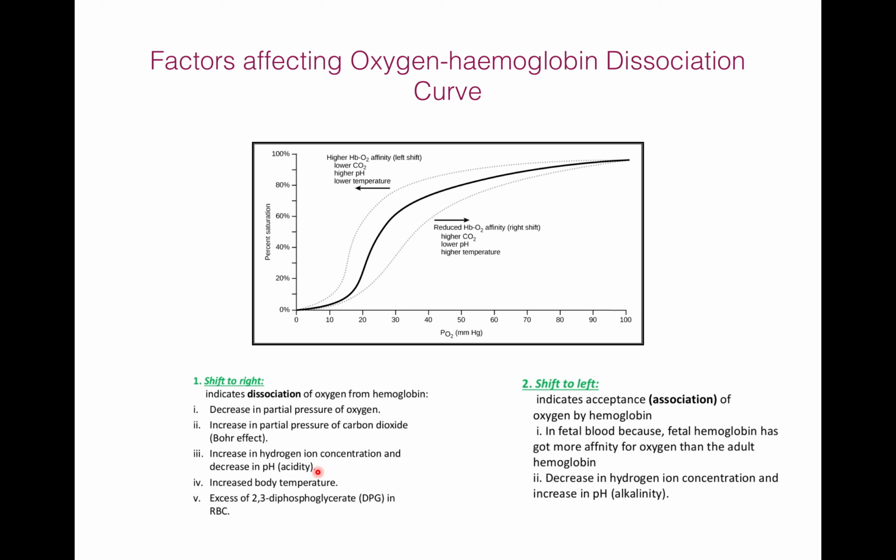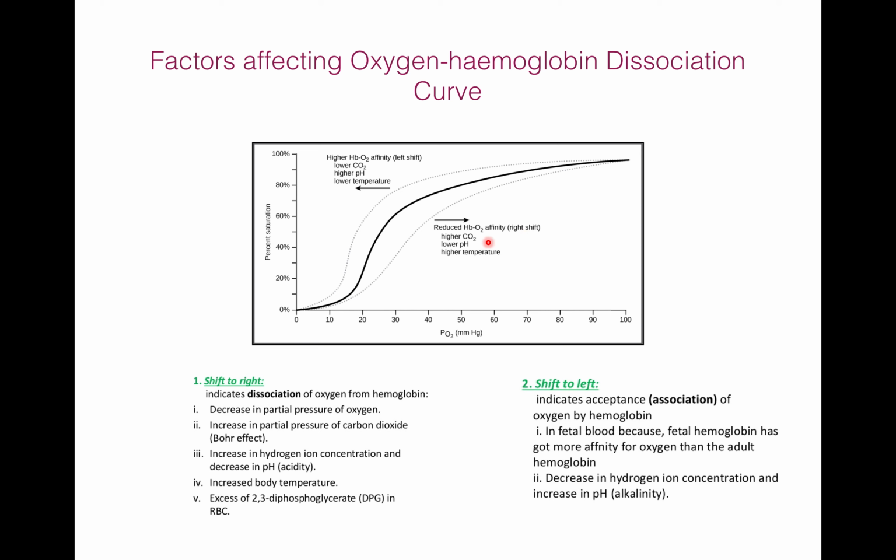Then, if there is excess of 2,3-diphosphoglycerate, that is DPG, in RBC, the curve turns to the right side.